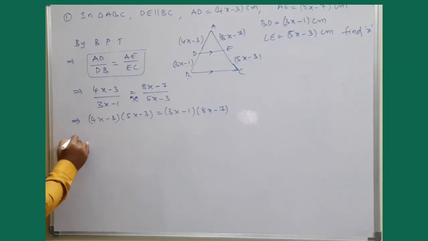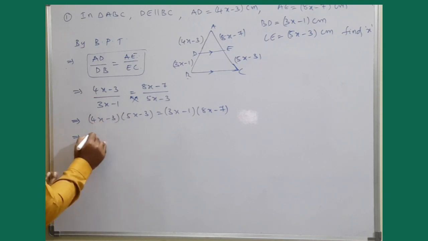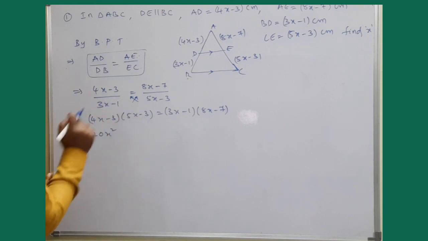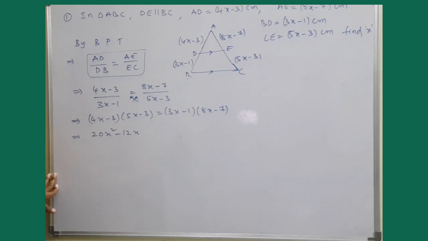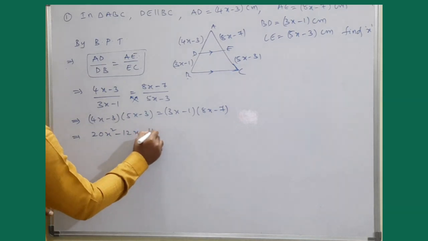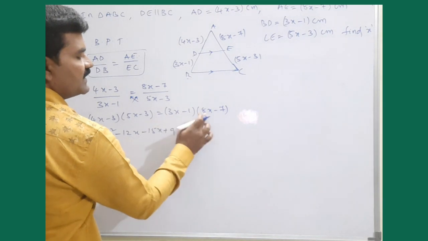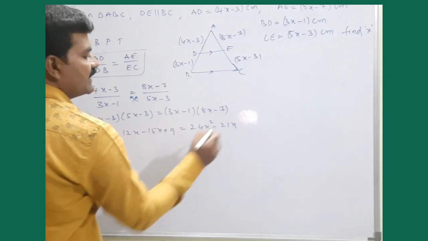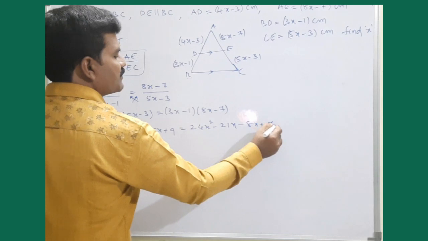First of all, multiply with 4x. 4x into 5x, both are positive, so 20x square. 4x into minus 3, minus 12x. And coming to product with minus 3, minus 15x plus 9. Same way here with 3x, if you multiply, 24x square minus 21x, and with minus 1, minus 8x plus 7.